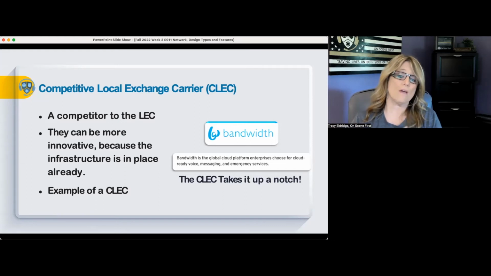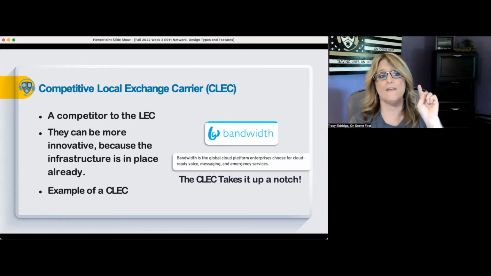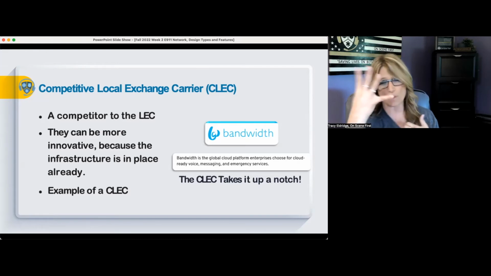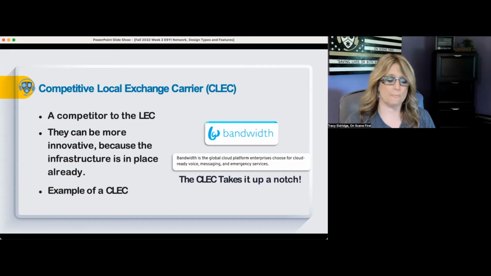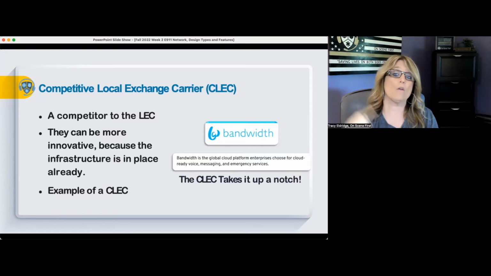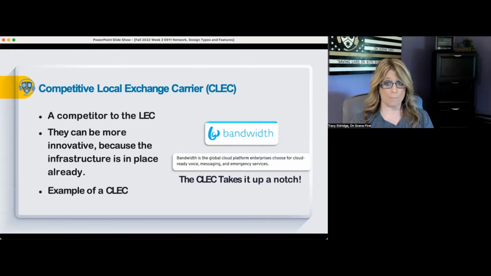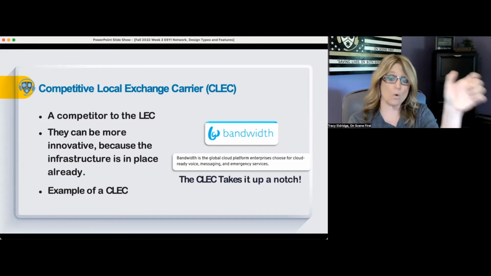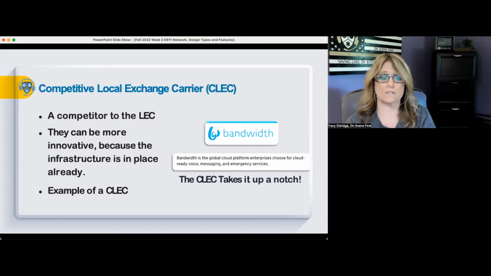If you recall the app, Haven, you were able to identify if it was a crash, a medical call, a police call or a fire call. So you had four tiles that you could push. If you looked at an example of a call placed with the Haven app, you might have seen that the LEC or the telco or company ID, whatever it's called on your system, said BAND, meaning Bandwidth.